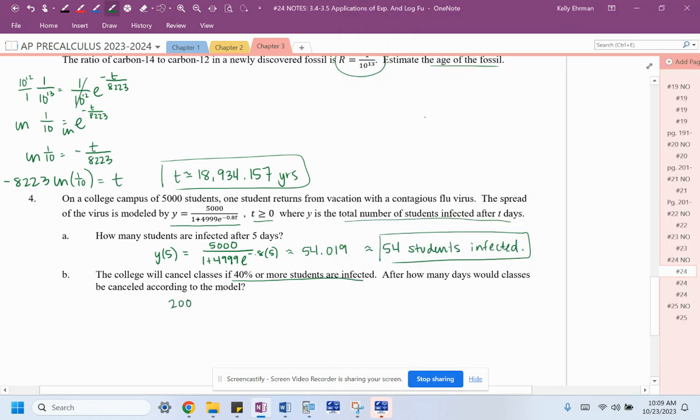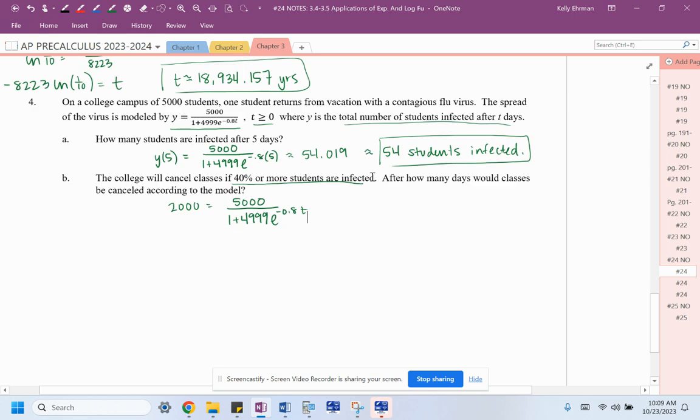So 2,000 is equal to 5,000 over this denominator. If I want to start solving for t, I need to isolate the e expression, and it has to be out of the denominator. So multiply the denominator over to the 2,000 side without distributing 2,000.